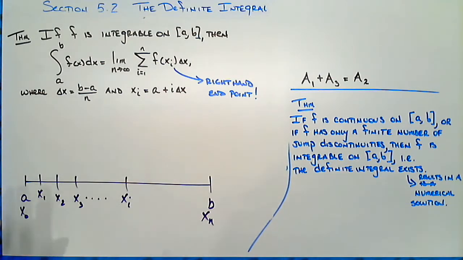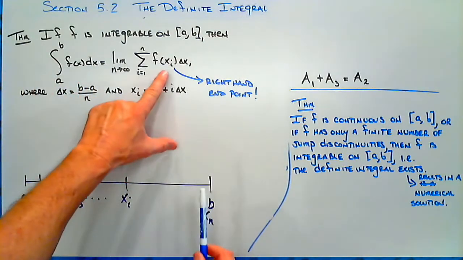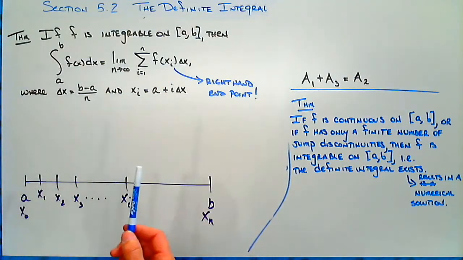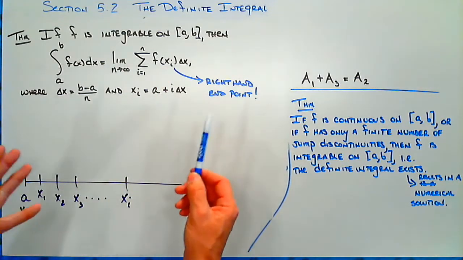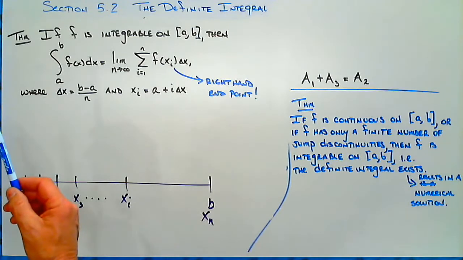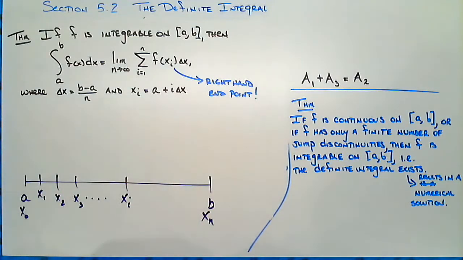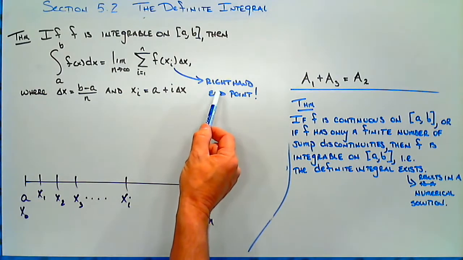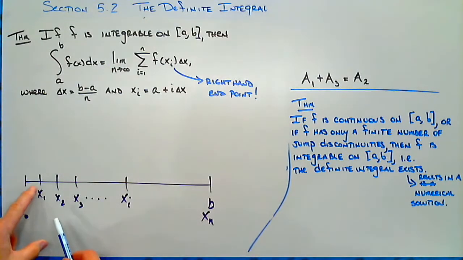Now, why would we want to pick right-hand endpoints instead of arbitrary points? Our book chooses right-hand endpoints here. Perhaps your textbook chooses left-hand endpoints, so everything I'm saying about right-hand endpoints would be left-hand endpoints in your book. Why would we settle for right-hand endpoints when we can choose any point we want inside of here?